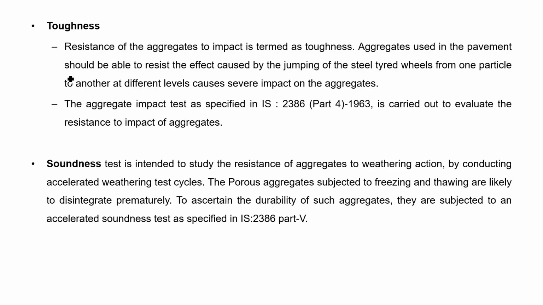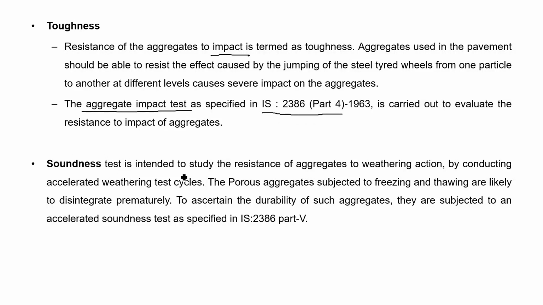Another property is toughness. Toughness is the property through which the aggregate shows resistance against impact. And to check the toughness of the aggregate, the aggregate impact test is done, which is specified in code IS 2386 part 4.